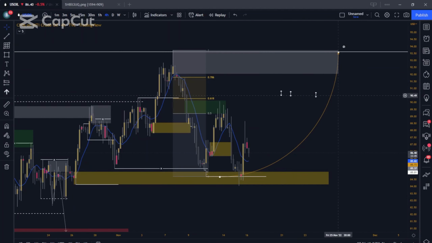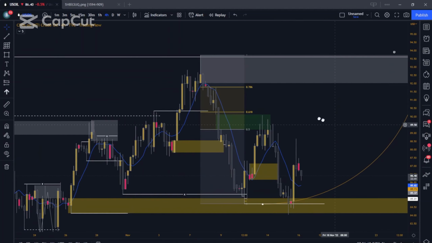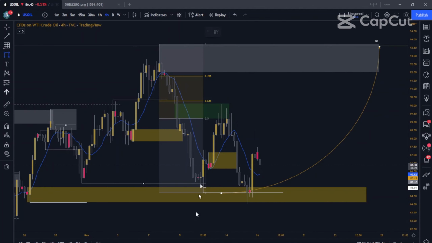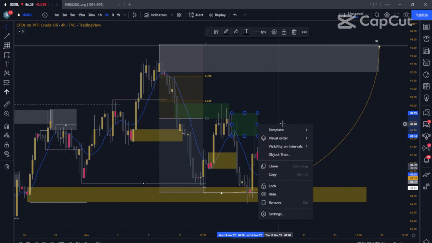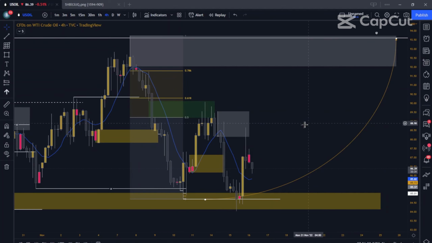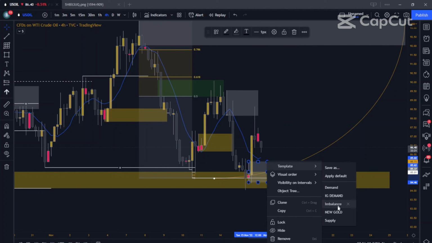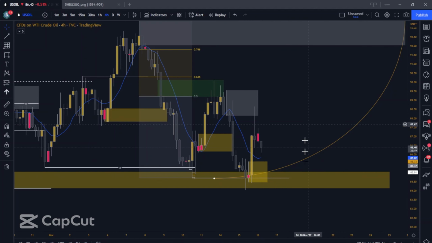Oil, as we said, we're going to expect longs from this demand, which we did get, which ultimately ended up reacting from this supply. But based on the momentum, in order for a flip of a demand or a supply to be valid, you need a reaction first.